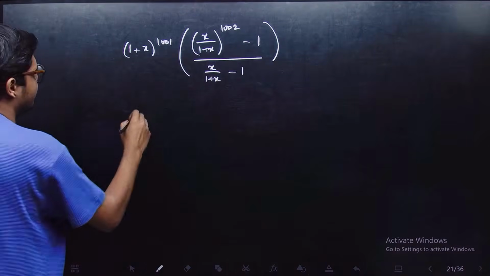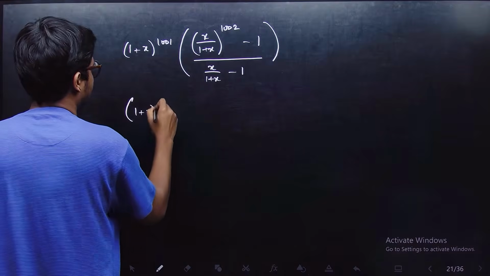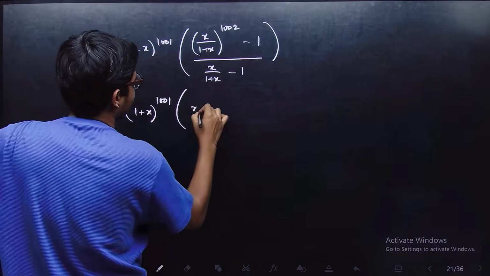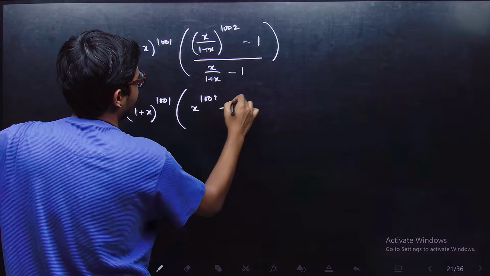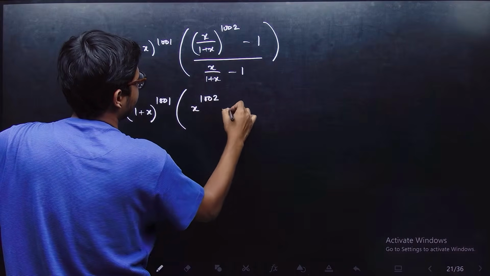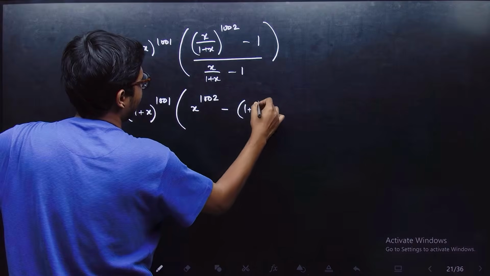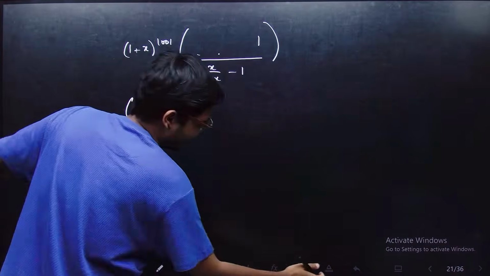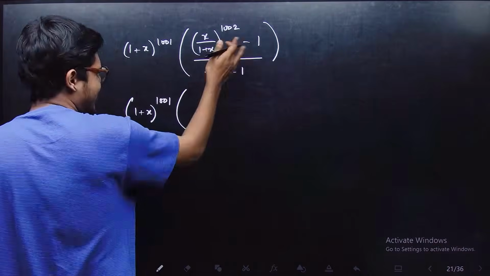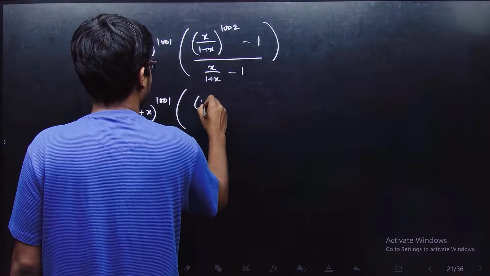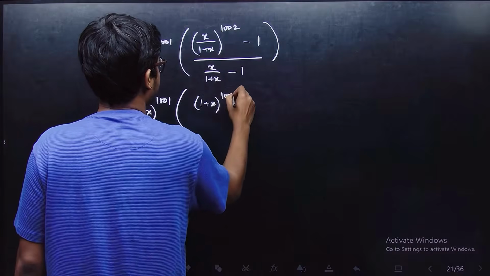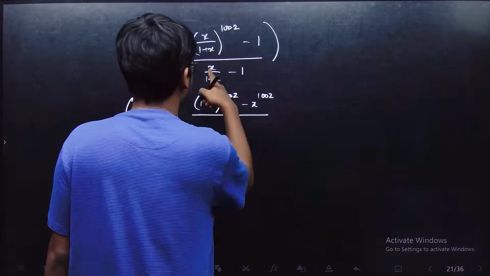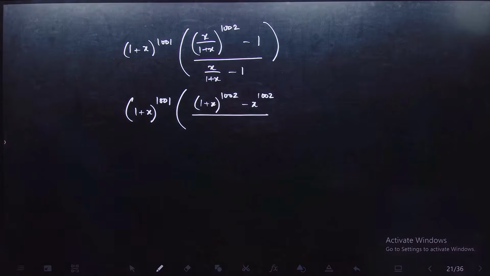So that will give you times, this will become x to the power 1002 minus, let's just go with the opposite. It doesn't really matter, either way. And let's just switch sides, okay? So this will become 1 plus x whole to the power 1002 minus x to the power 1002 divided by 1, right? 1 plus x minus x, so yeah, just plus 1, okay?